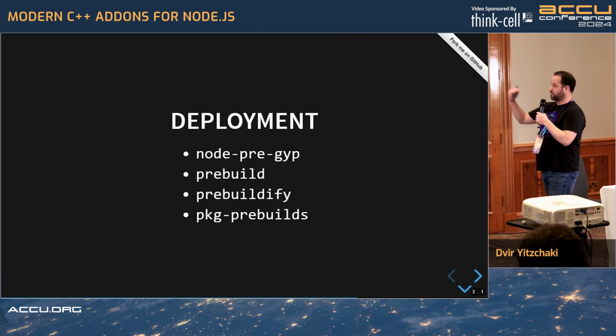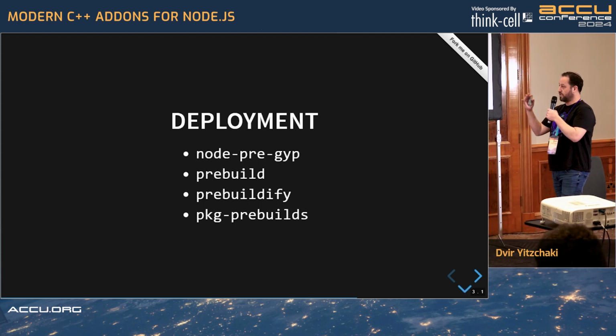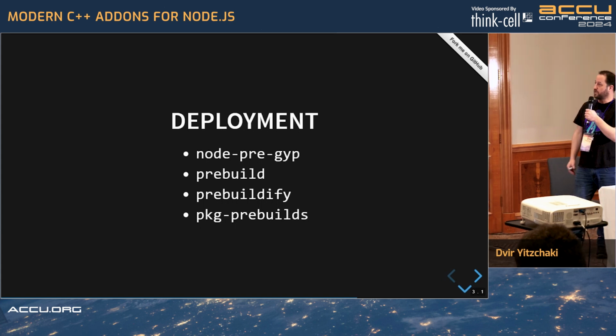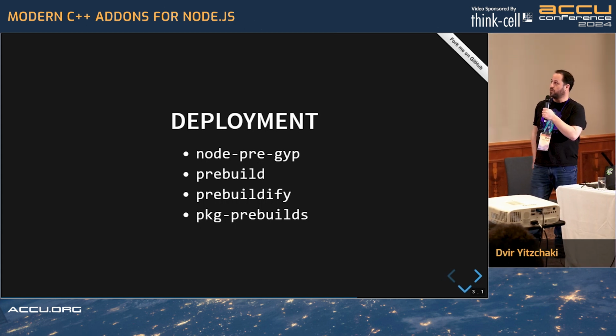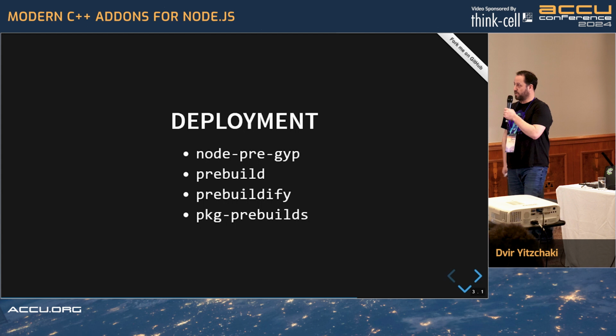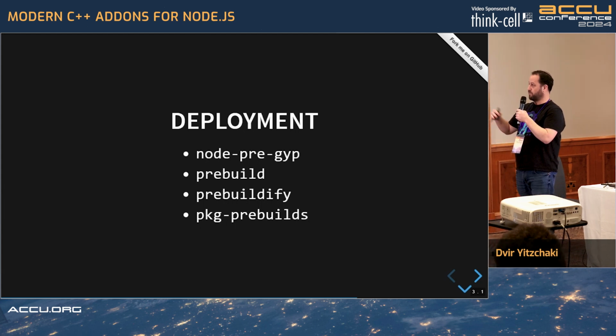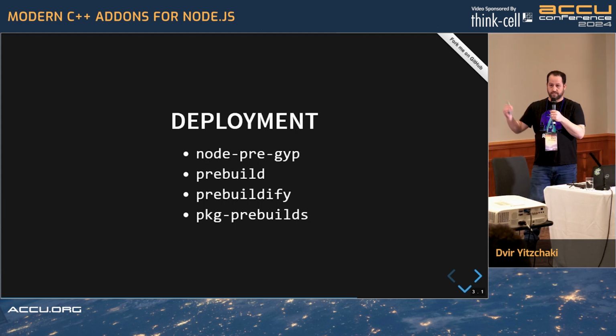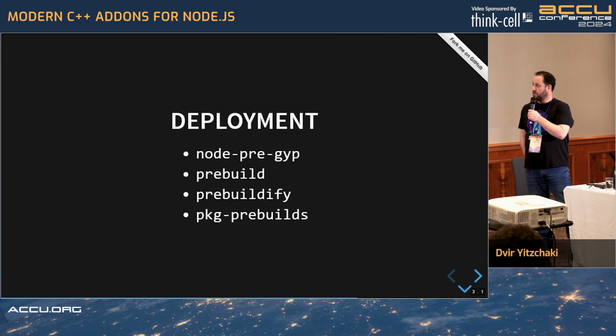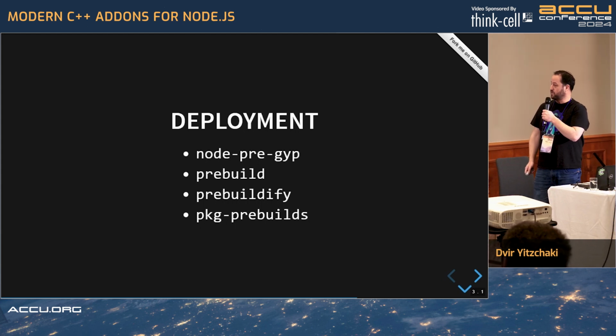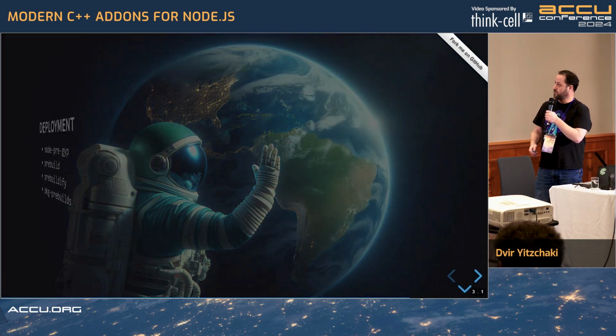The question is where to put those pre-built shared libraries. You can either upload them to some web service like S3 where it downloads them from, or to GitHub releases, or just inside the npm package, which is what prebuildify does, and that's what I use.